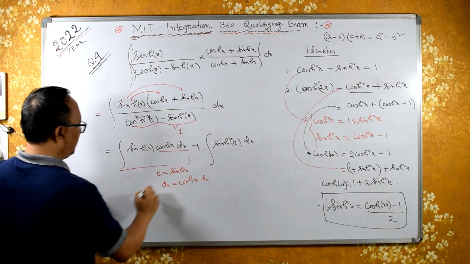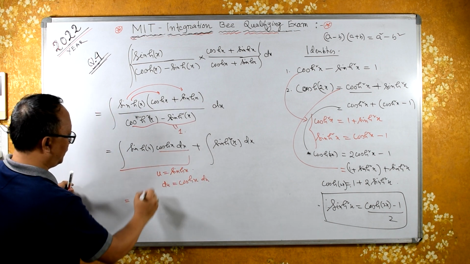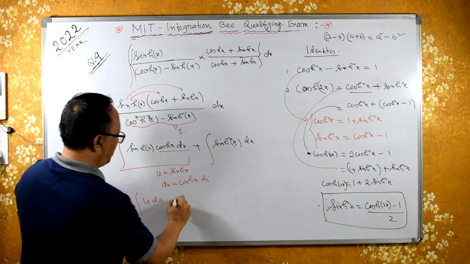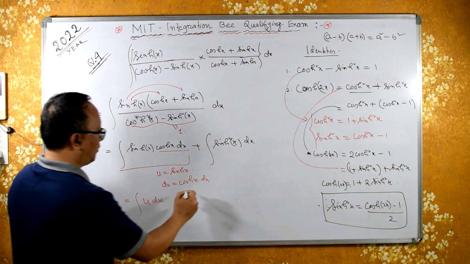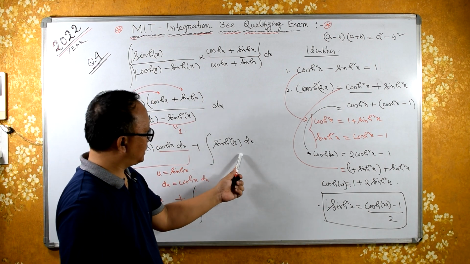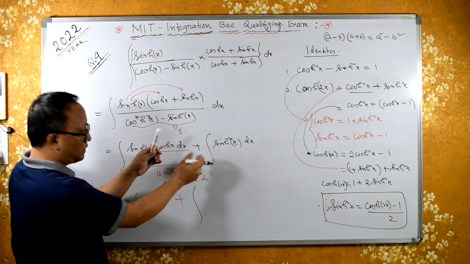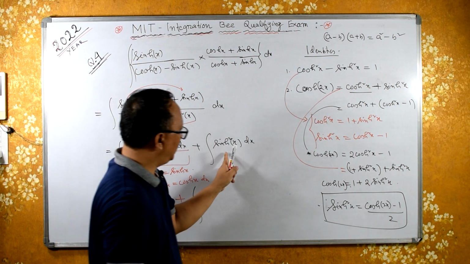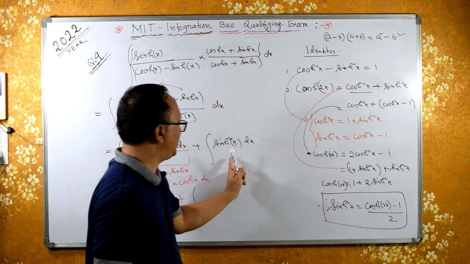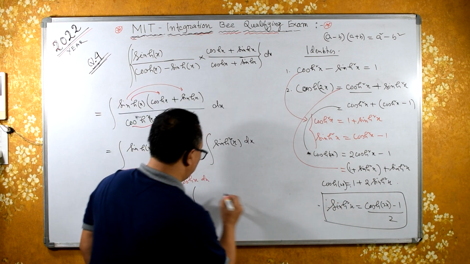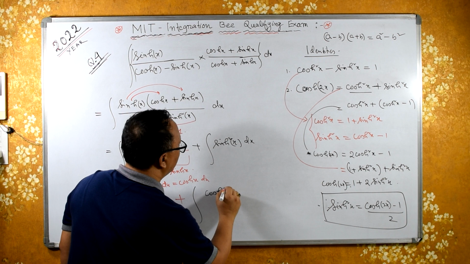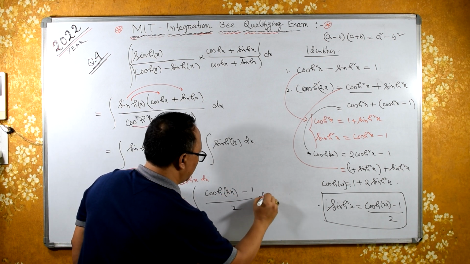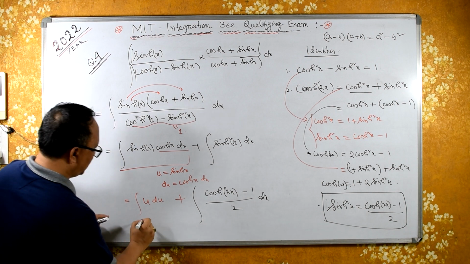Now this becomes du, therefore integral of u du, plus the other integral. This u substitution is for this part only. Now this we need to break again. Instead of this I can write cosh of 2x minus 1 upon 2 dx. Now if you integrate this, you will get what?